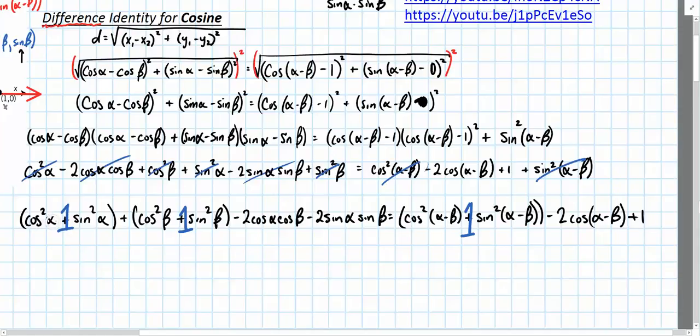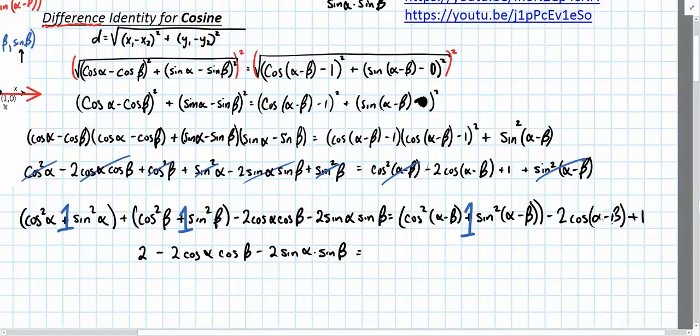Cosine squared of one angle plus sine squared of the same angle, according to our Pythagorean identity, will always equal 1. So this one and this one add together to make the number 2. And we have left over just this minus 2 cosine alpha cosine beta minus 2 sine alpha times sine beta. So that significantly cleans up the left side of the equation.